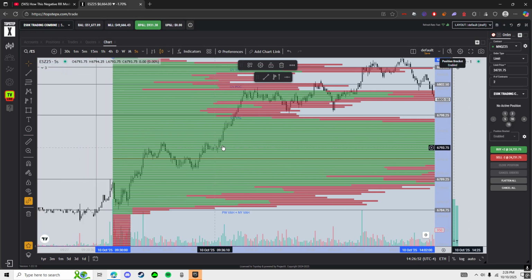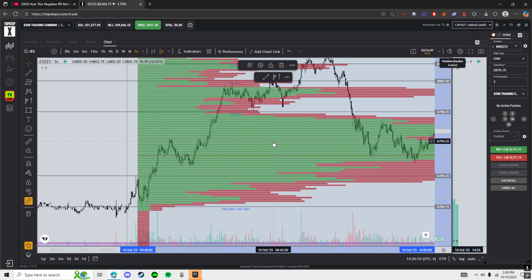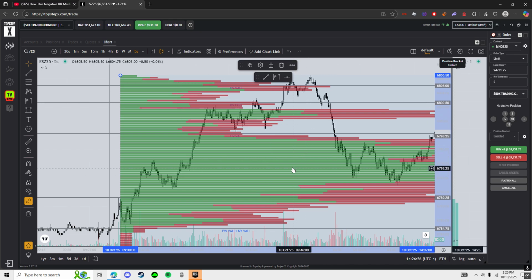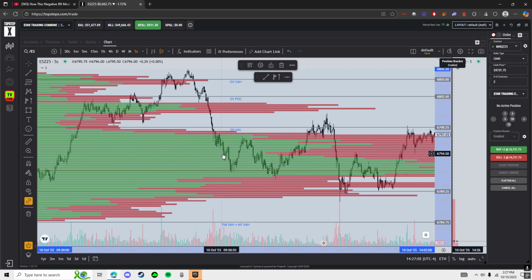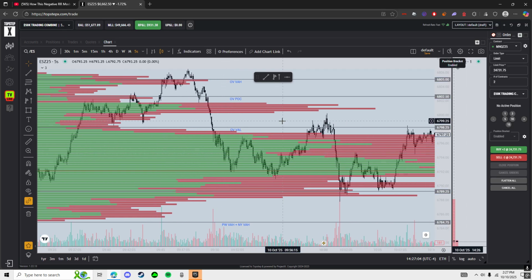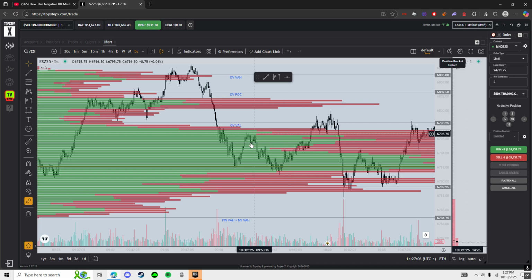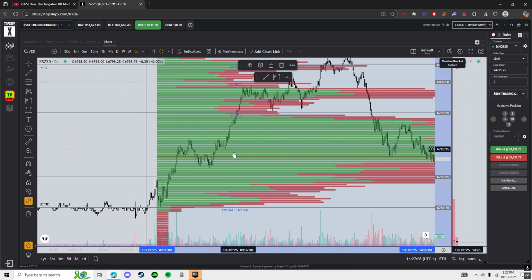So my idea was I was still going to full port. We came up, tested all these levels from the previous overnight session, day before yesterday's overnight session. Came down. This level right here was the value area high for Asia.